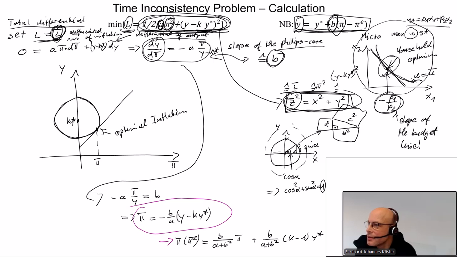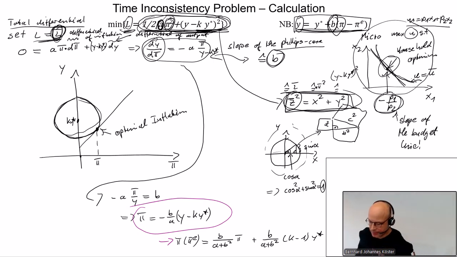This is, in this case, just b, and the optimal point is where the linear line of the Phillips curve is tangent to this circle representing total losses.